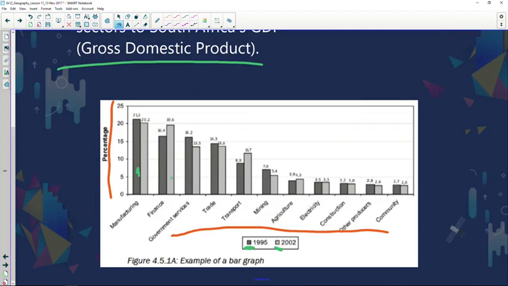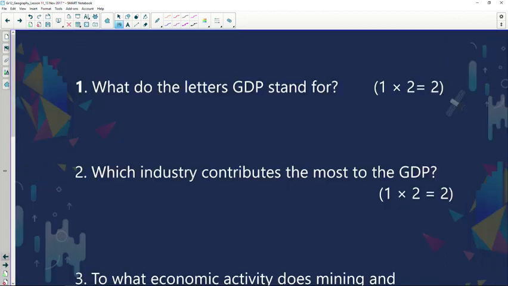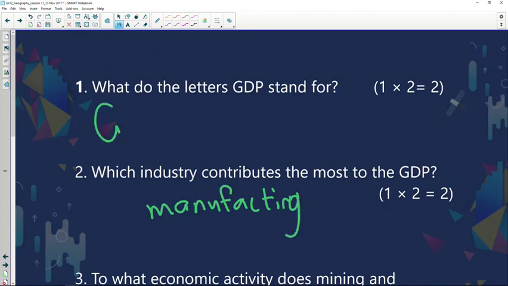So the correct answer for your booklet is going to be manufacturing. And GDP stands for Gross Domestic Product.